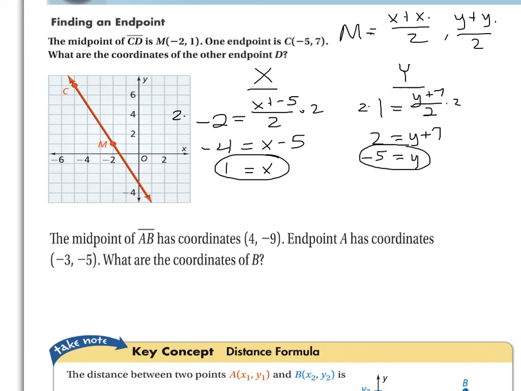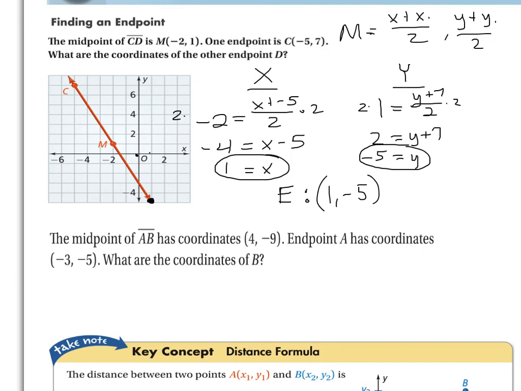So the ordered pair of the endpoint is (1, -5). And if I start at (0, 0) and go to that point, I go right 1, and I go down 5, and look at where we end up, right there on the bottom of the line. Okay? So again, if you're given a graph, you can always check that number.